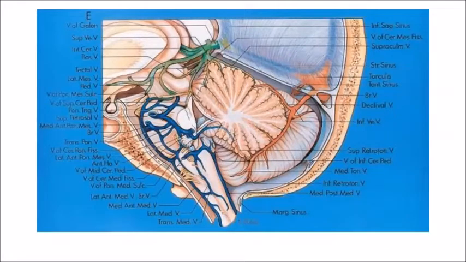This is a mid-sagittal view in which we can again see the superior vermian vein draining into the vein of Galen.